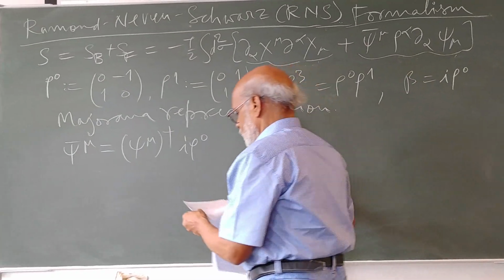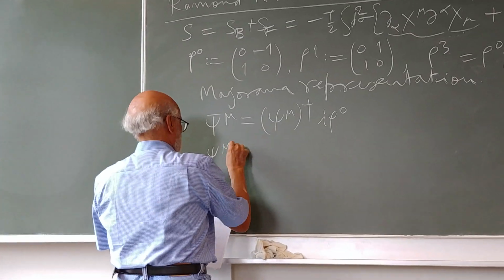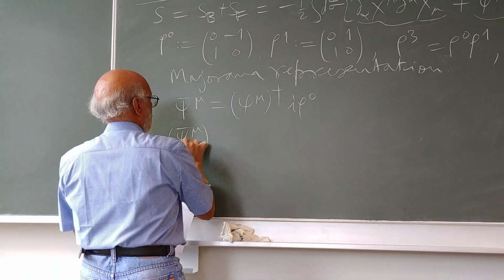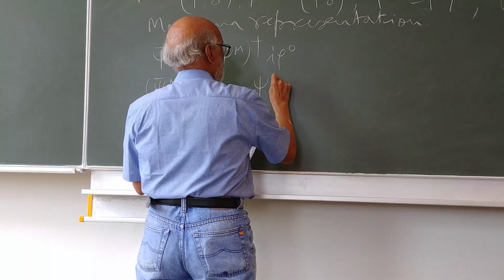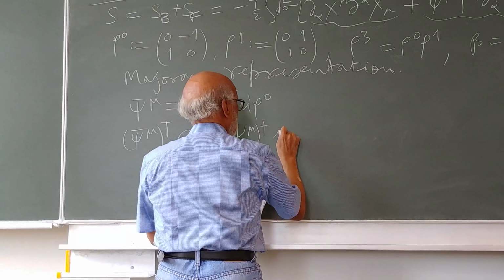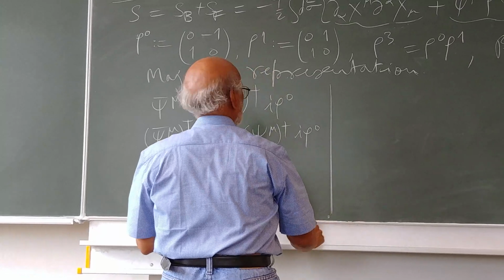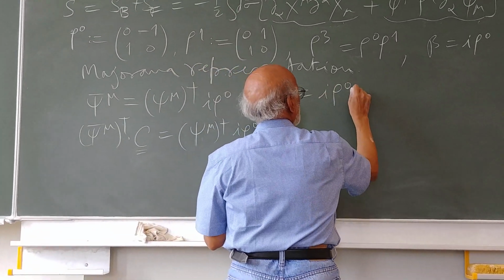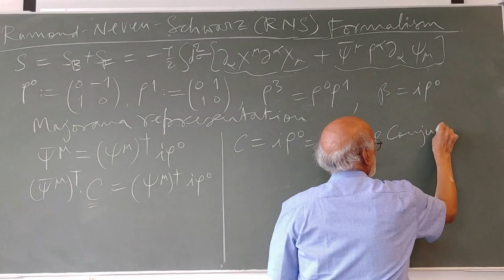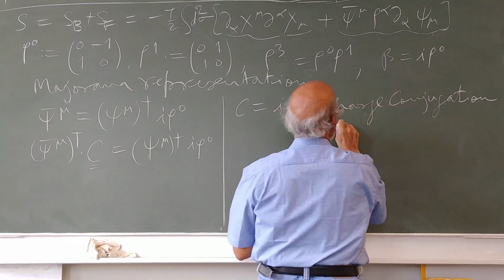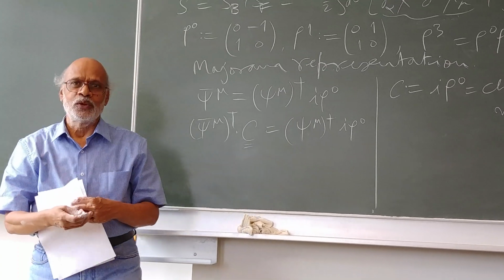So this is psi mu bar, which is psi mu transpose times some matrix C, equal to psi mu dagger i rho 0, and this is my charge conjugation matrix C, defined as i times rho 0.